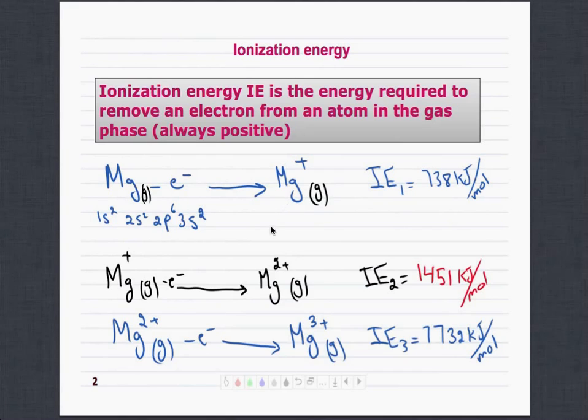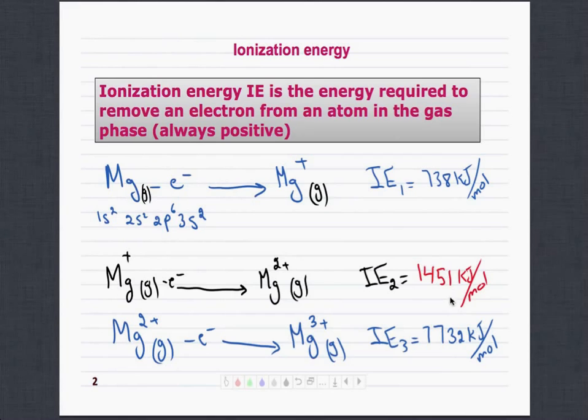Where for the second ionization energy, I'm taking the magnesium 1 plus to magnesium 2 plus, both of them in the gas phase. Then definitely the second ionization energy is much bigger than the first ionization energy.